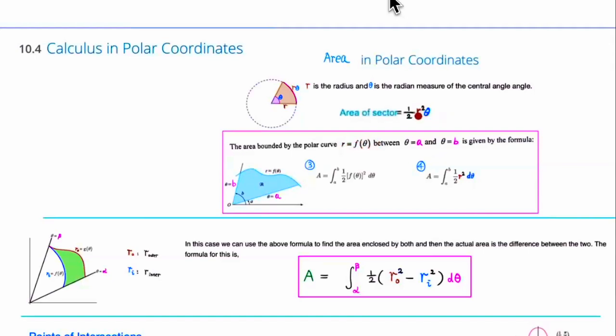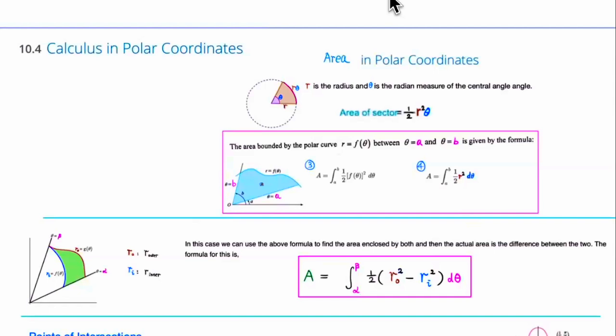Think about it, you divide that into sectors, and each sector is going to be almost like a part of a circle with radius r. This is the area of one sector, and then you integrate that. Theta goes from a to b, you get this area. So think about this right here, as theta increases, it's going to sweep out this area right here. So that's the formula for that.